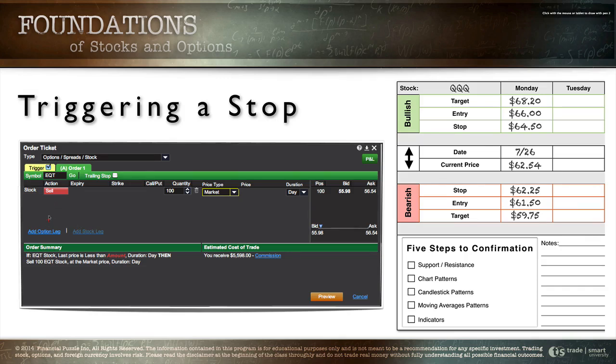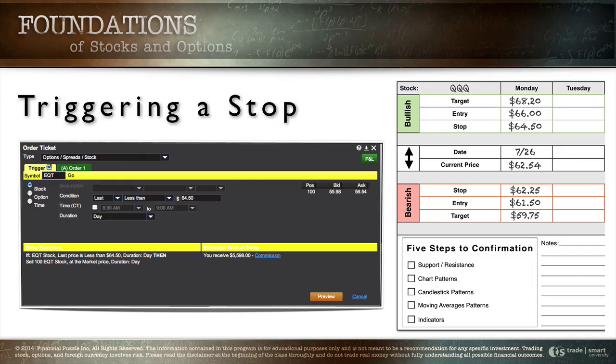We're going to set up a sell order to sell my 100 shares at a market price. Somehow I got the wrong ticker in there. Forgive me for that. And then when we click on the trigger, it says if the last price is less than 64.50. Okay, forget that symbol.